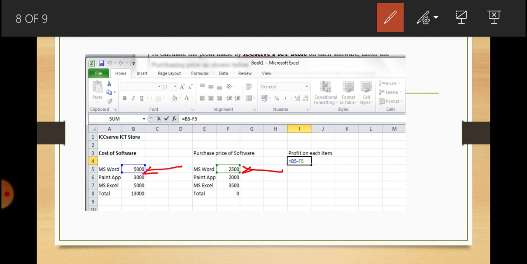Now we can use a formula to also achieve that. Don't forget, this time around we want to deduct, so it's quite easy. You just type equals, don't forget equals comes before every formula, equals B5 minus F5.